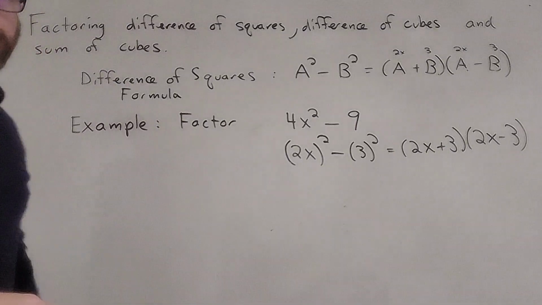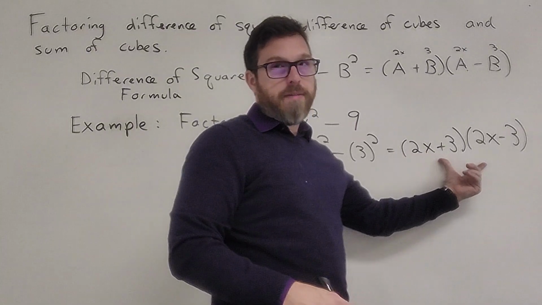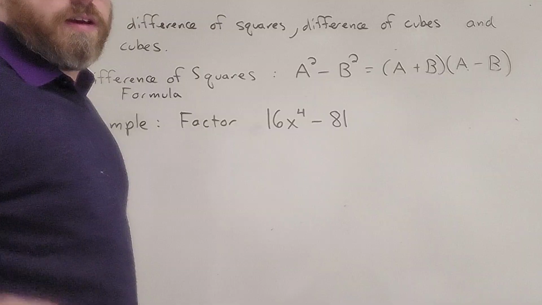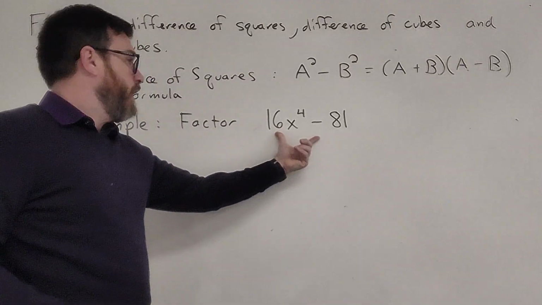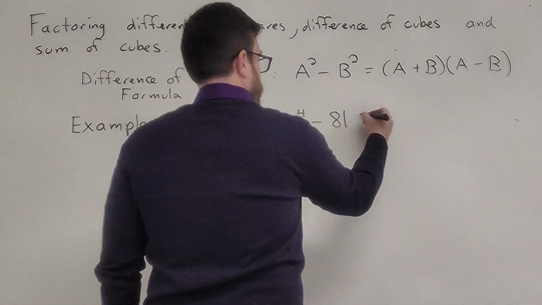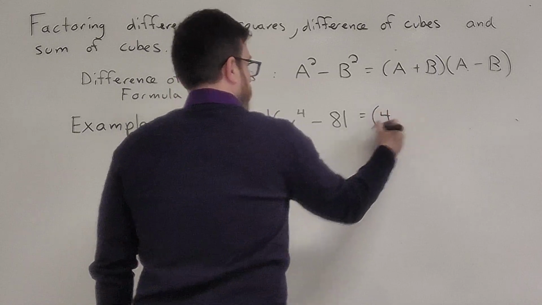I have one more that I want to factor completely, where once you get to this spot, you might have to factor again. So if I want to factor 16x to the 4th minus 81, I can see that I can rewrite these things as perfect squares. The square root of 16 is going to be 4.